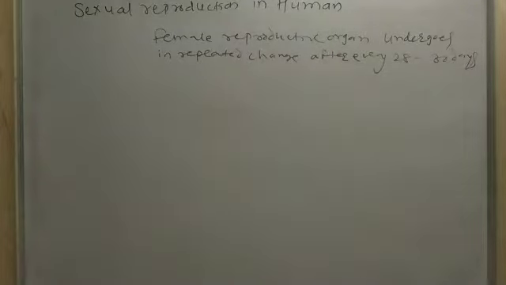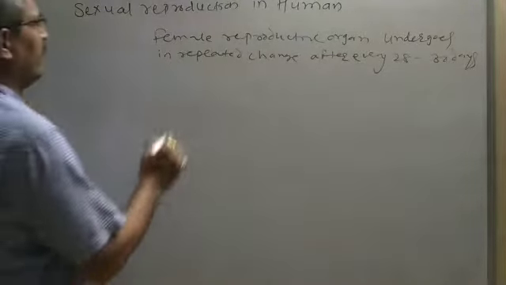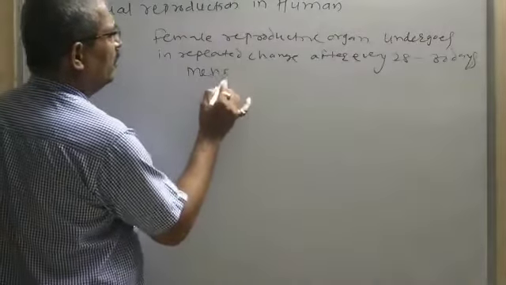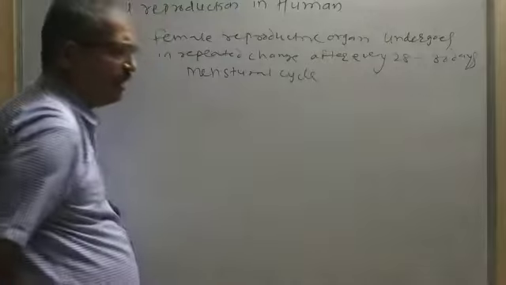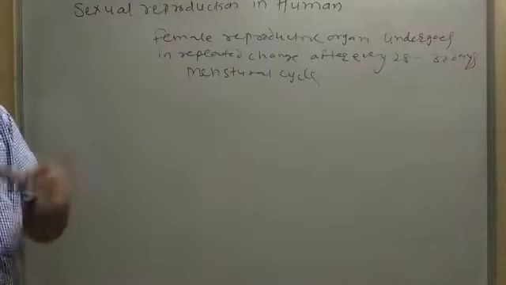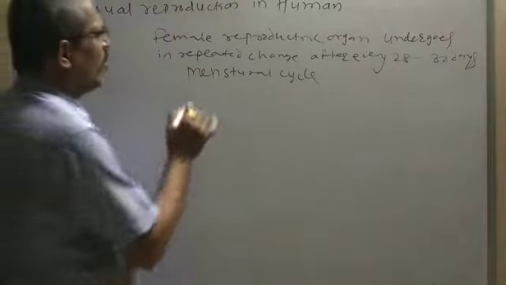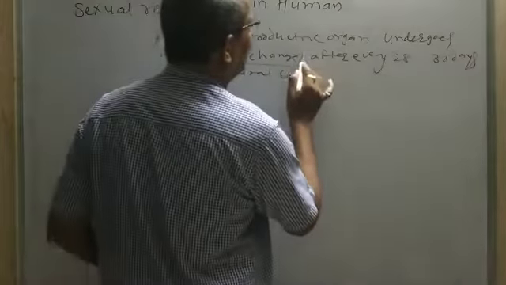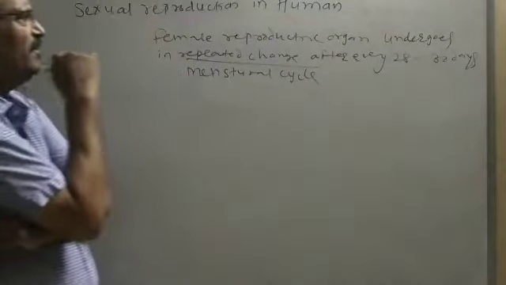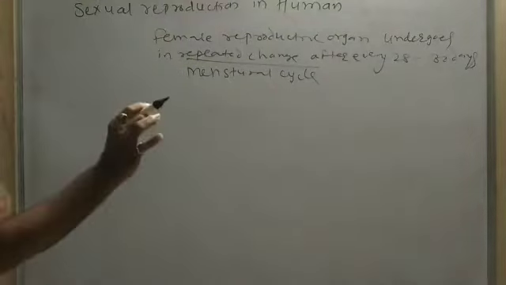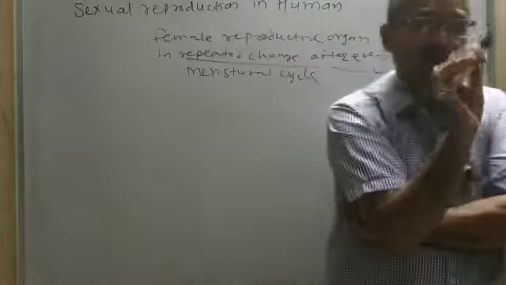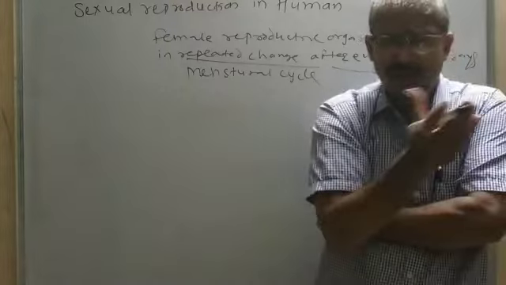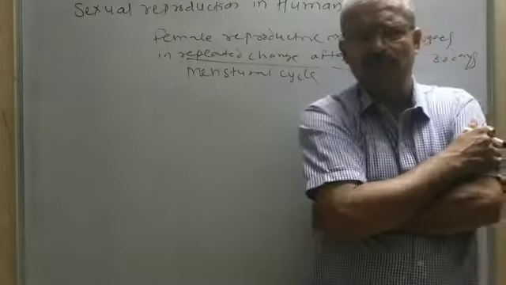That is called a menstrual cycle. Why do these repeated changes take place? The female reproductive organ undergoes repeated change after every 28 to 30 days. What is the reason? That we have to study now.